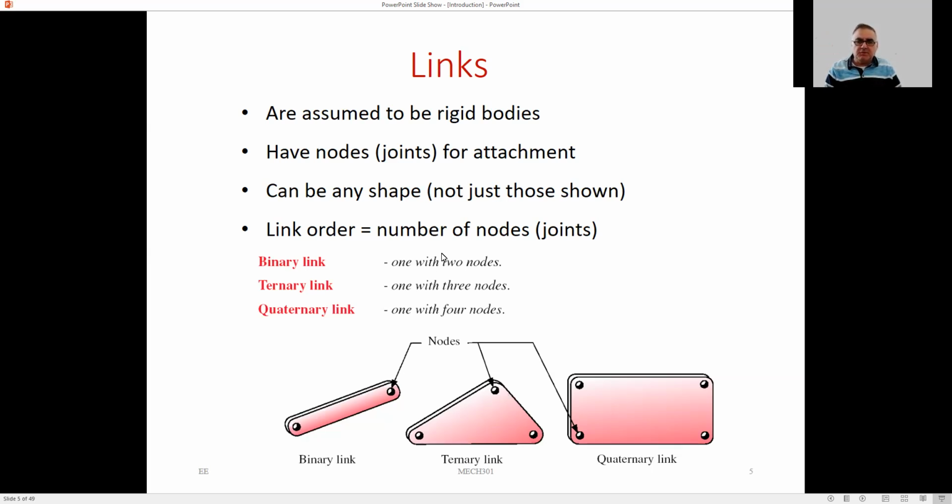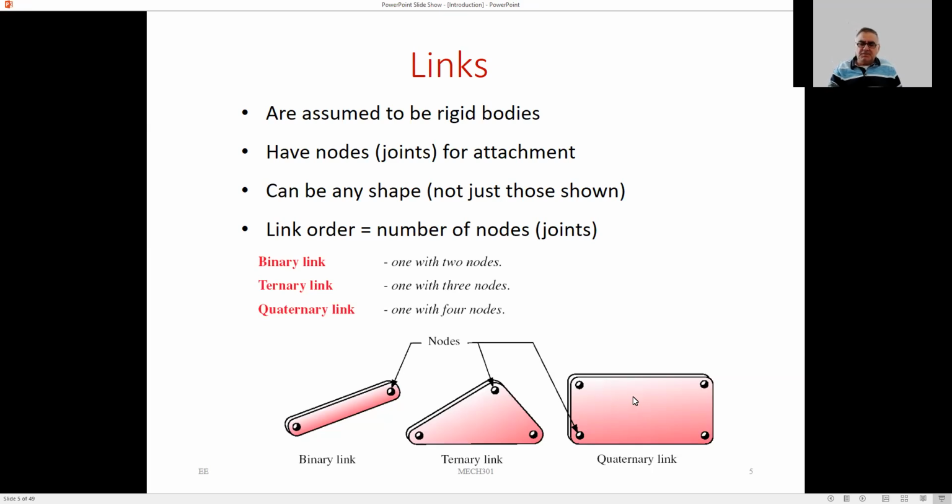We can talk about the order of the links according to their number of joints, number of nodes, let's say. Node and joint are synonymous, they are the same thing. For example, a binary link has 2 joints. A ternary link has 3 joints, so the one in the middle can be connected to 3 different links.